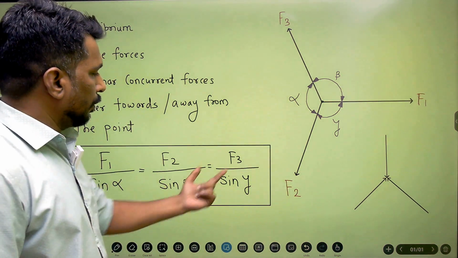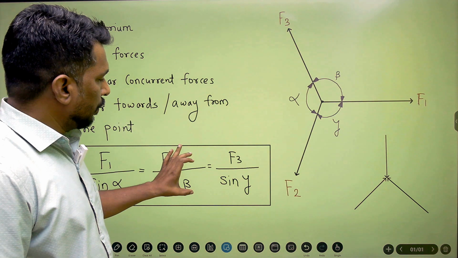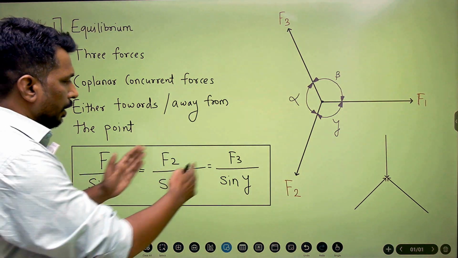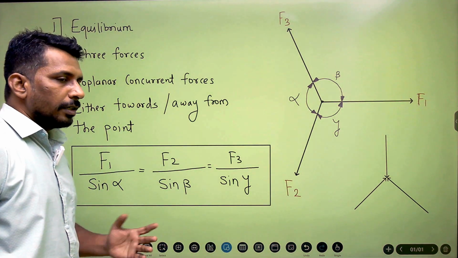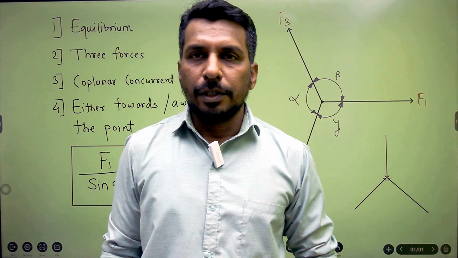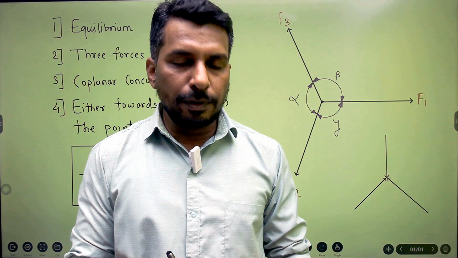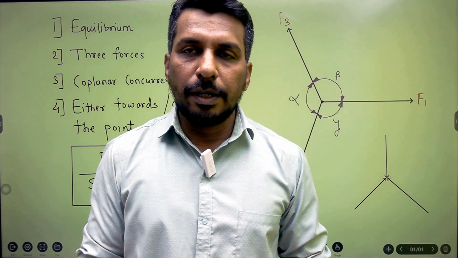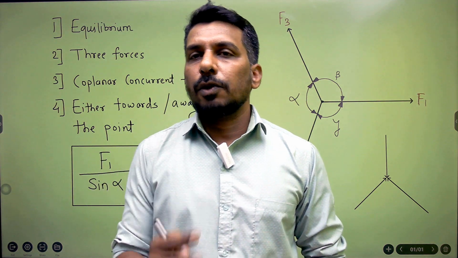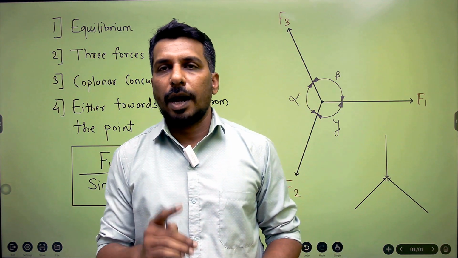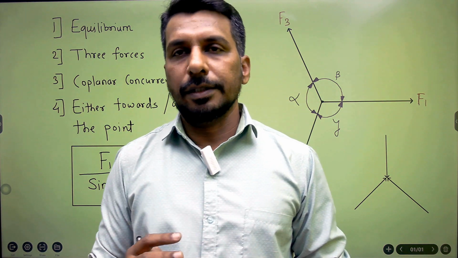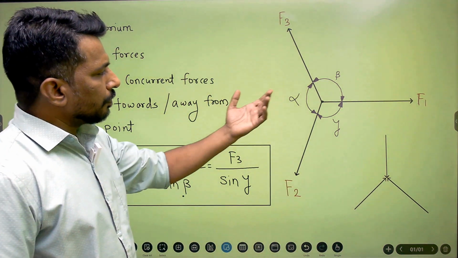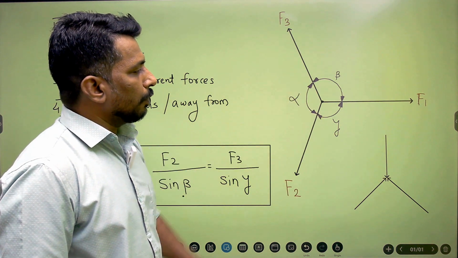If you know F3, you can equate these two ratios and you will get the answer. If you know F2, you can equate it with the F1 or F3 ratio and you will get the answer for the other two forces. So keep in mind that though three forces make a concurrent force system in equilibrium, to solve the problem we must know at least one force and all the angles. This is the equation for Lami's theorem, which we have obtained from this force system.